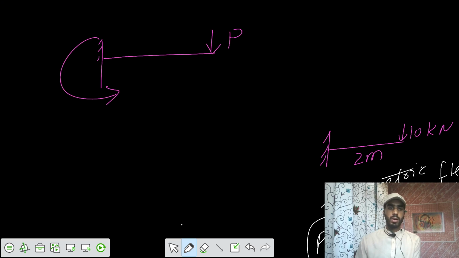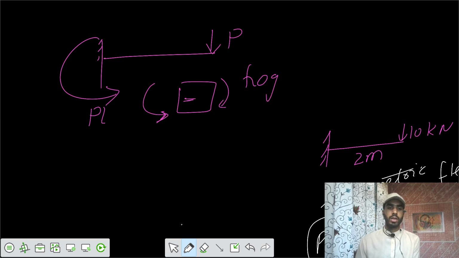The moment developed would be P into L, anti-clockwise. If on the section you have an anti-clockwise moment, that means you have a hogging curvature. So your beam would deflect in this way. If you draw that, you have this one.